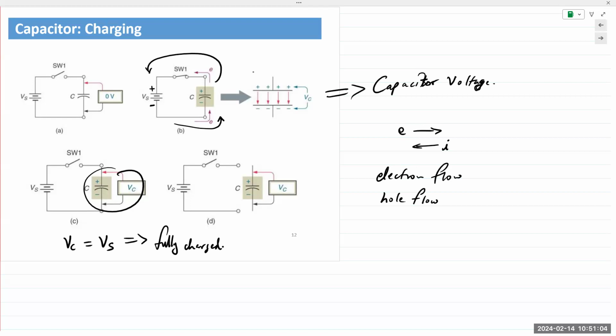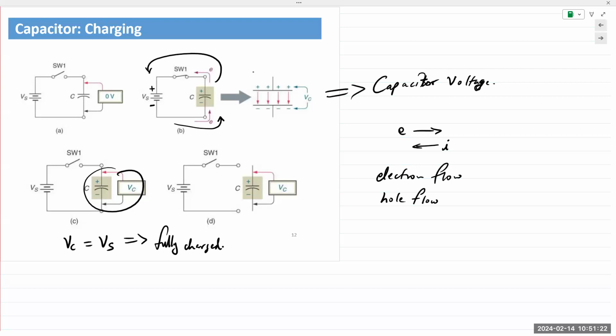What we are showing in D is that once the capacitor reaches full charge, you can remove it from the circuit and it will hold that charge. Ideal capacitors can hold the charge indefinitely. Nothing will happen to it.